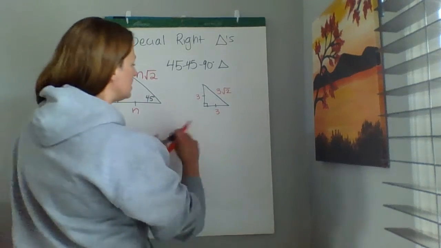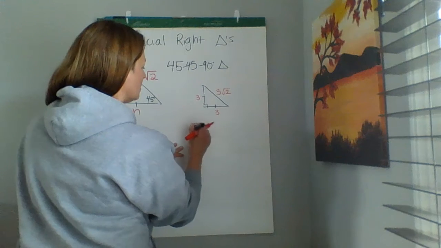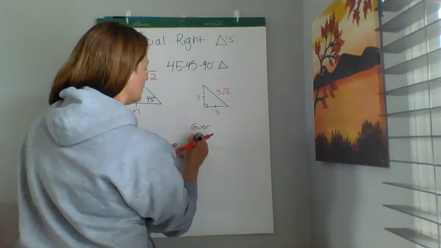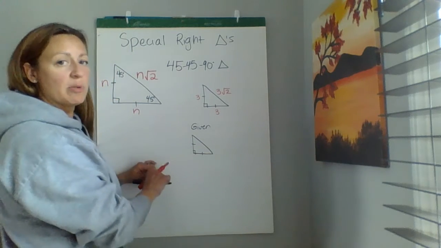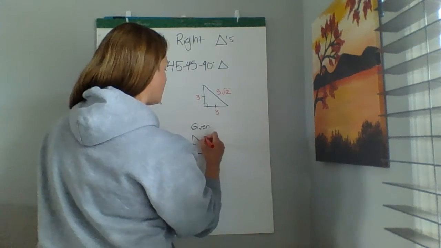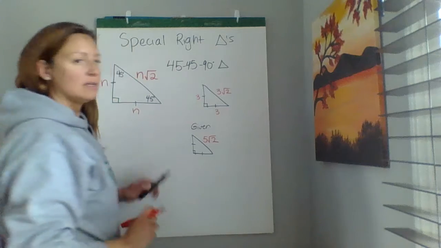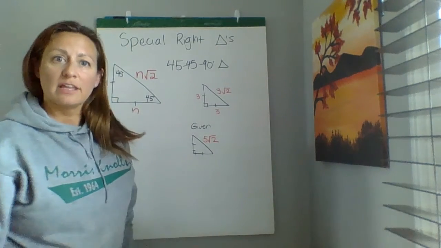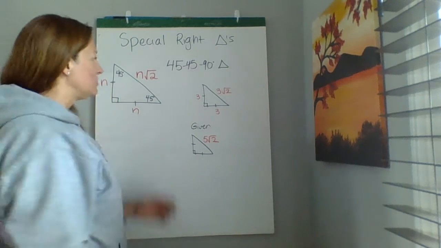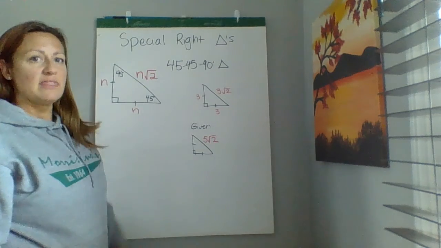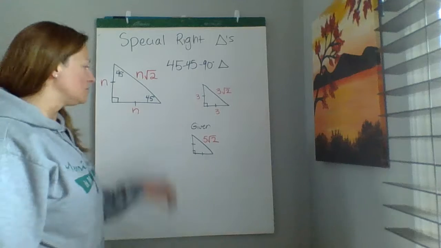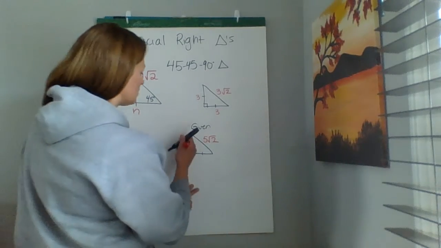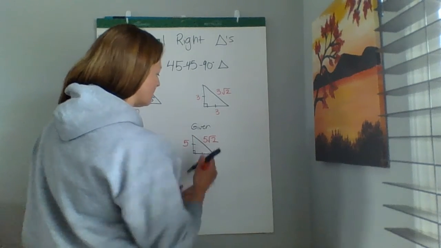So let's say you were given a 45, 45, 90, where the hypotenuse is 5 radical 2. Then you were asked, what is the length of each leg? And you'd say, well, 5 is just in the place of n there. So all I have to do is drop the radical 2 or divide by radical 2, and I'm left with n. So each of these legs would be 5.